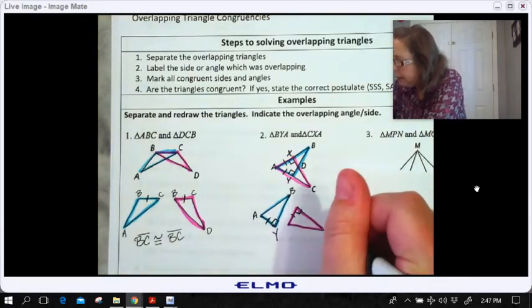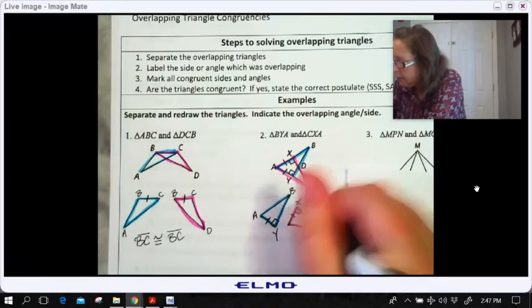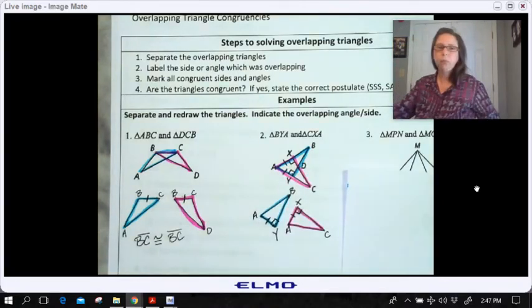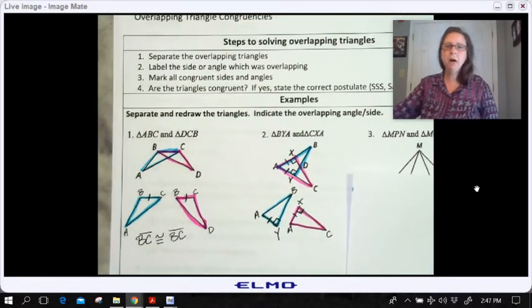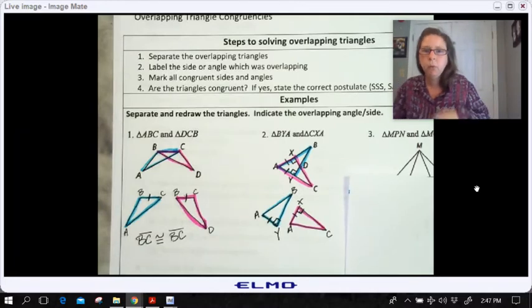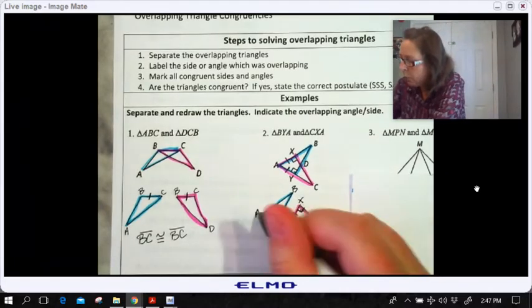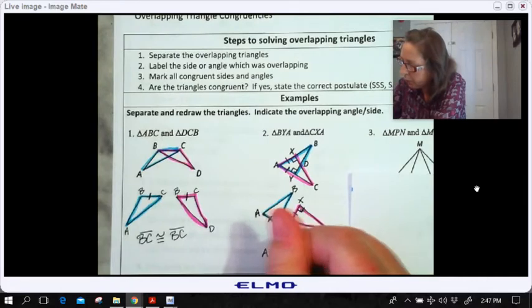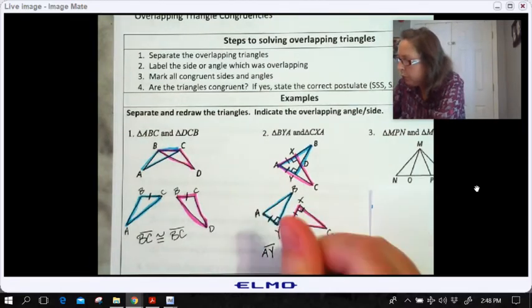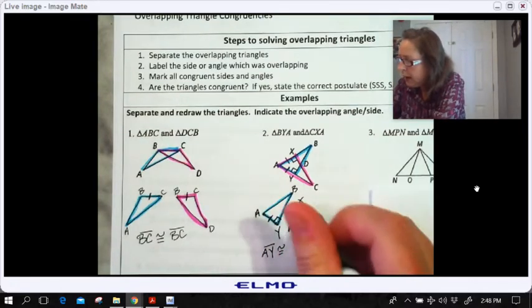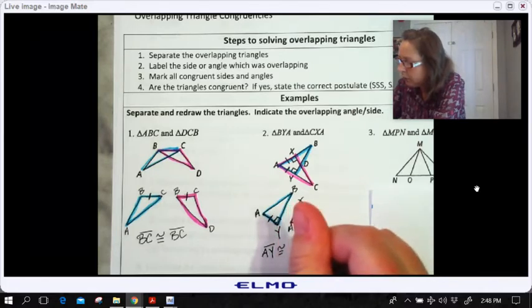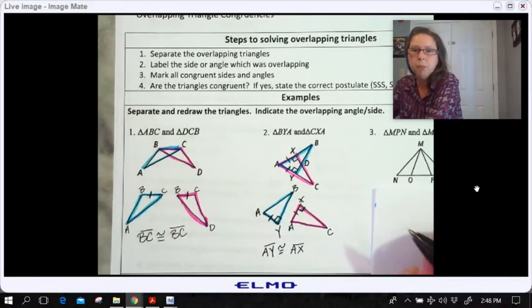So CXA is right there. So what can I say about these 2 triangles? Well, I can say that AY is congruent to AX because that was labeled for me.